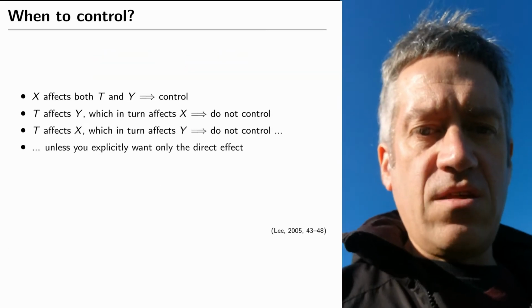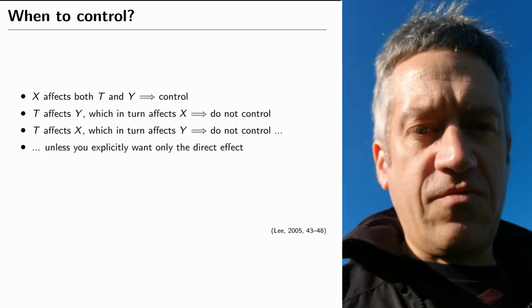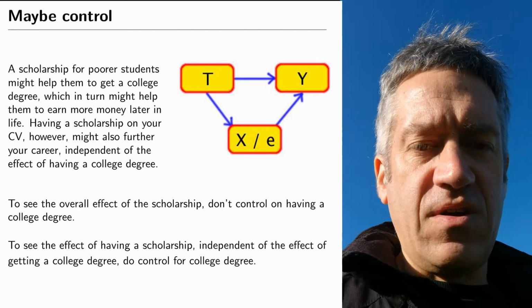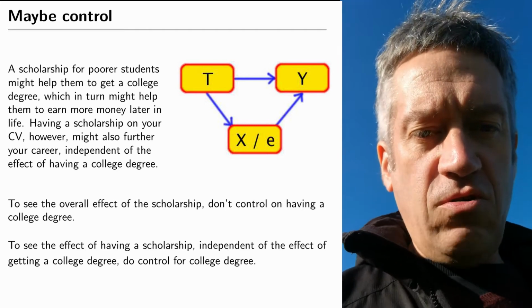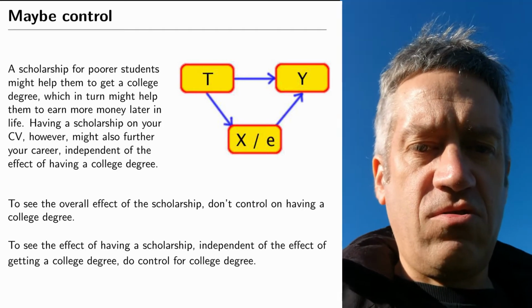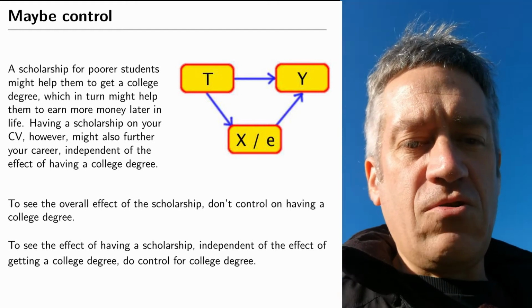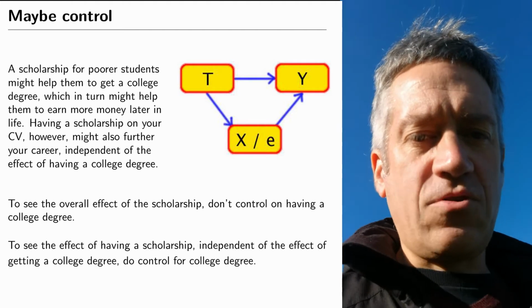However, in some cases, you might actually be, for some theoretical reason, interested in this direct effect. So aside from a scholarship helping people to get a college degree, which then helps their future career, it might also be the case that having a scholarship on your CV signals certain skills and therefore helps your future salary. So your employer will have seen that you obtained a scholarship, and this might actually help your career.